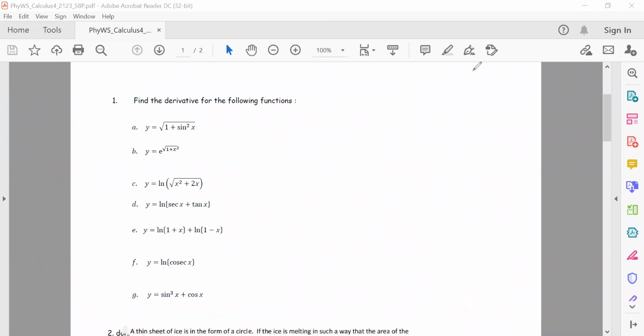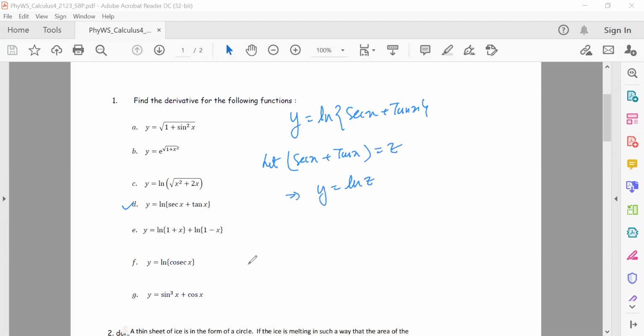So can you do question 1D? Yeah. So y is natural log of sec x plus tan x. So you take sec x plus tan x as z. So y becomes ln z.